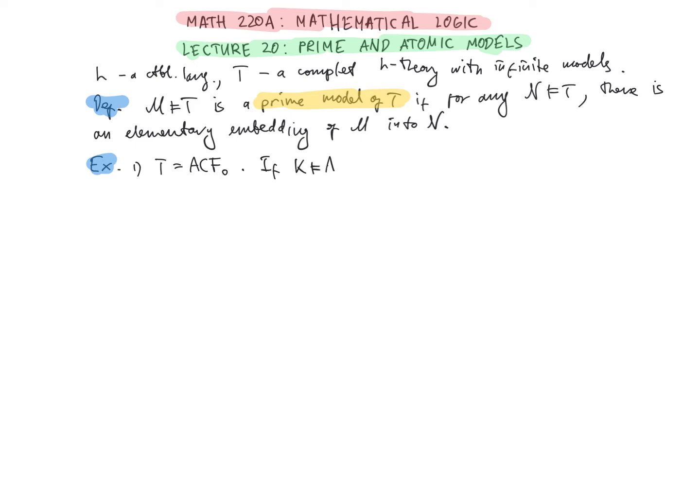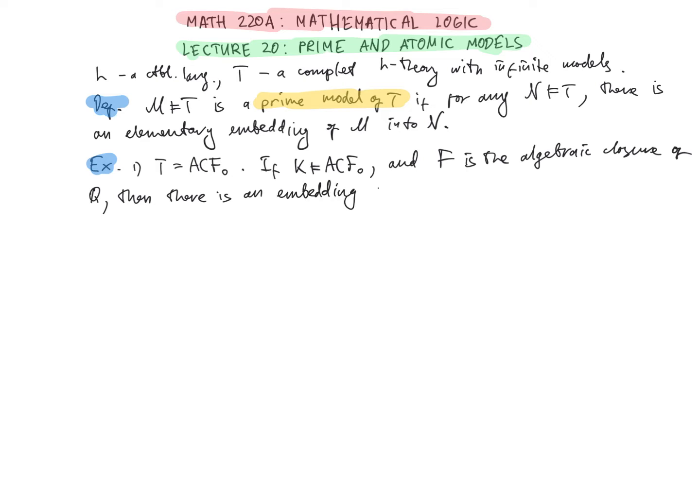If K is a model of ACF_0, hence an algebraically closed field, and F is the algebraic closure of Q, the field of rational numbers, then there is an embedding of F into K, and since the theory of algebraically closed fields of characteristic 0 has quantifier elimination, it follows that this embedding is elementary.